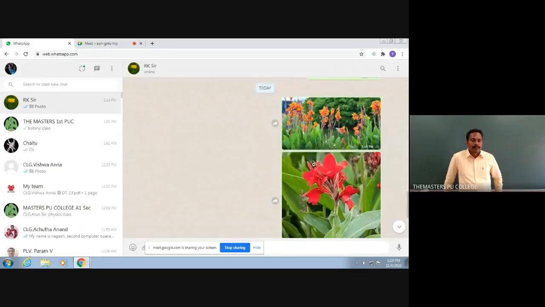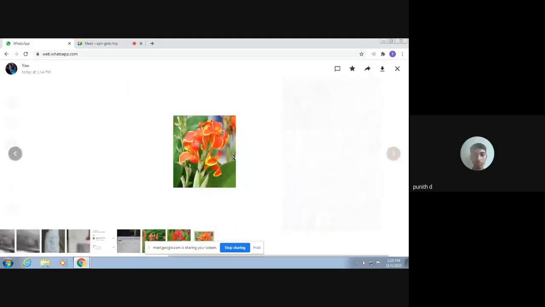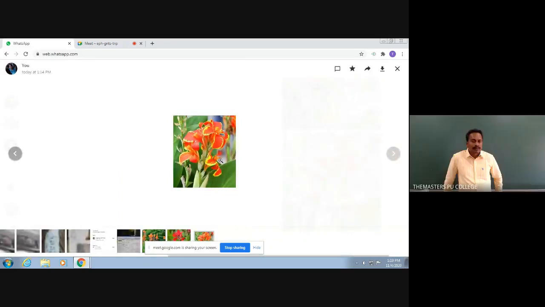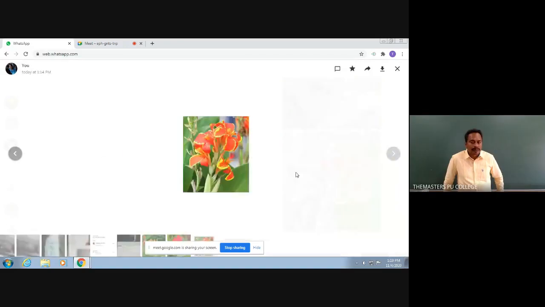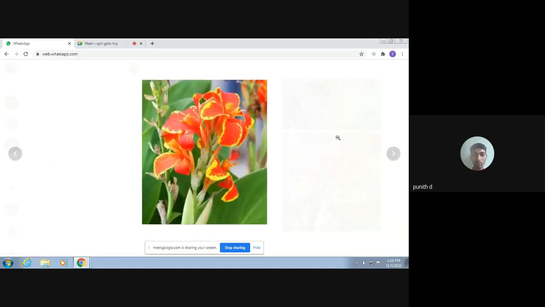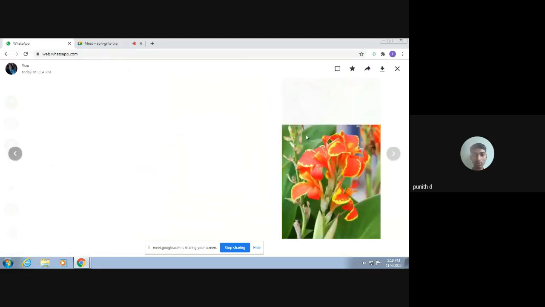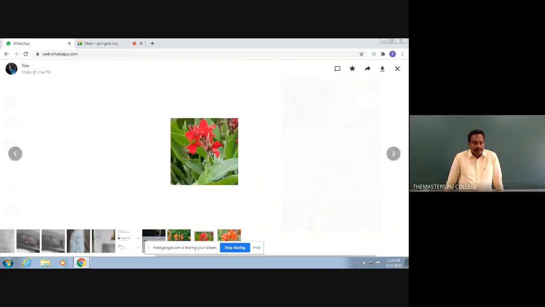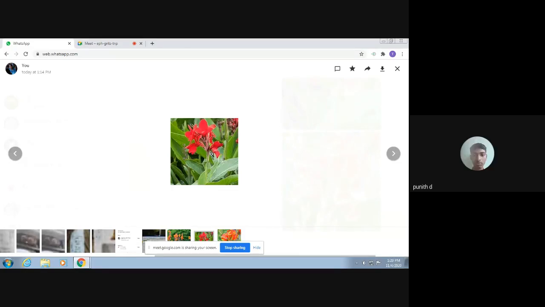Sir, can Canna indica be divided into two parts? It has 4 petals, so we can divide, no sir? No. In asymmetric flowers, the flower cannot be divided into two equal halves.